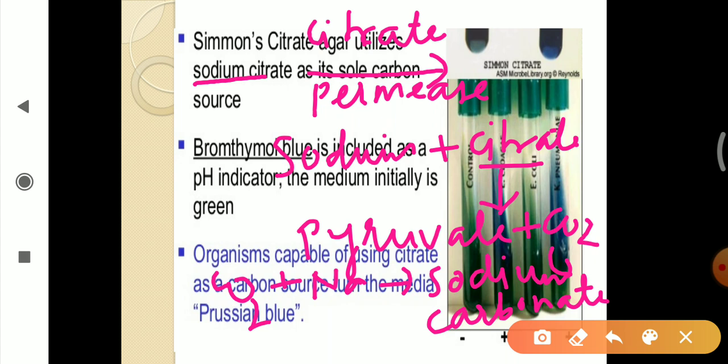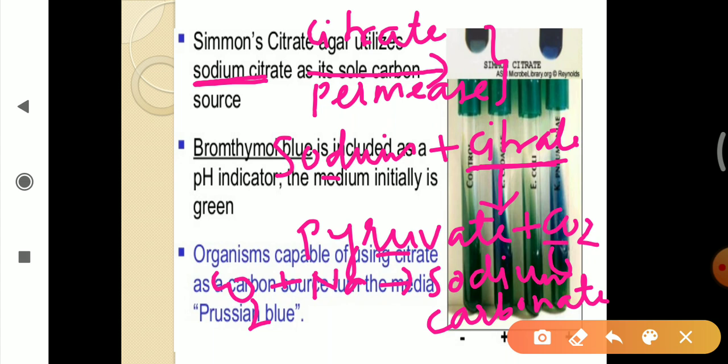Again I am repeating: sodium citrate is the sole source of carbon in the slant. If the organism in the given culture or sample has the citrate permease enzyme, it will convert sodium citrate into sodium plus citrate. The organism will take the citrate inside the cell and oxidize it into pyruvate plus carbon dioxide.